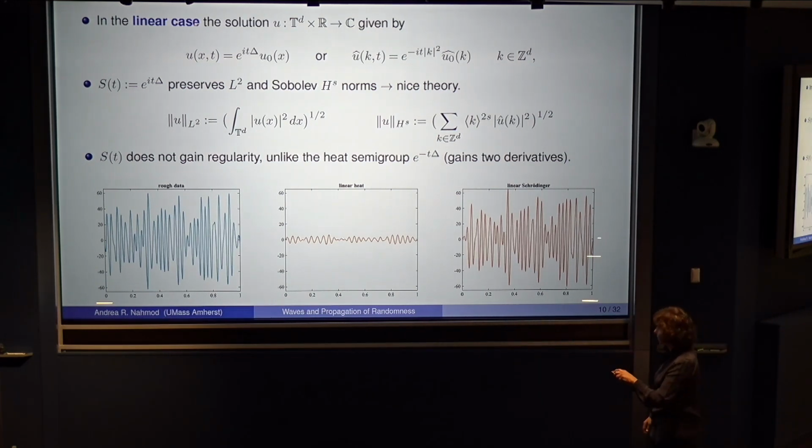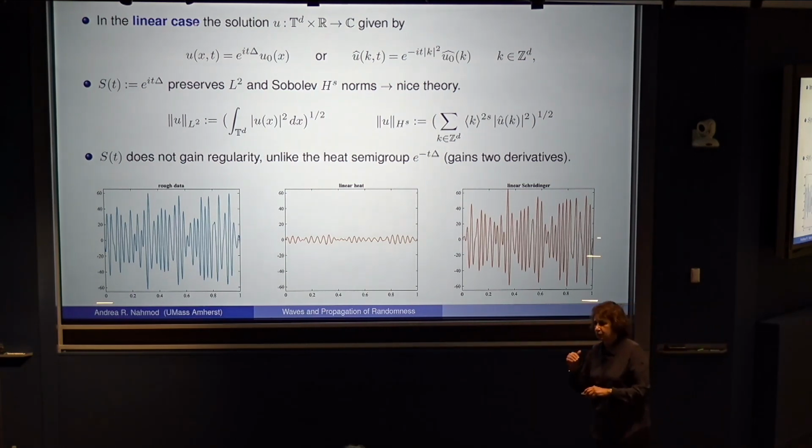So it becomes very smooth immediately and decreases very rapidly. But if you apply the Schrödinger semigroup, it stays almost the same. Nothing happens. It does not regularize, and it does not decrease to 0. The heat semigroup gains you immediately two derivatives, so you have instantaneous smoothing. But the Schrödinger equation gains you no regularity, nothing.